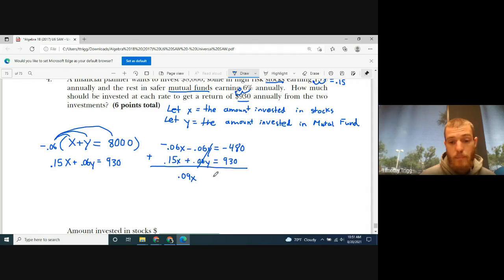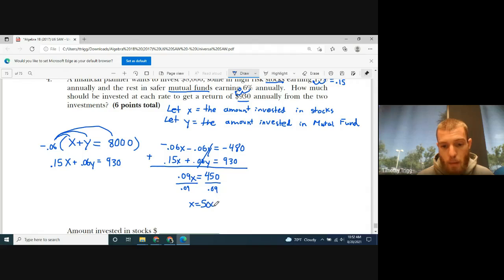When we add those together, equals 930 minus 480, which is 450. And then to figure out x, we're going to divide both sides by 0.09. This will give us x by itself. So 5,000.